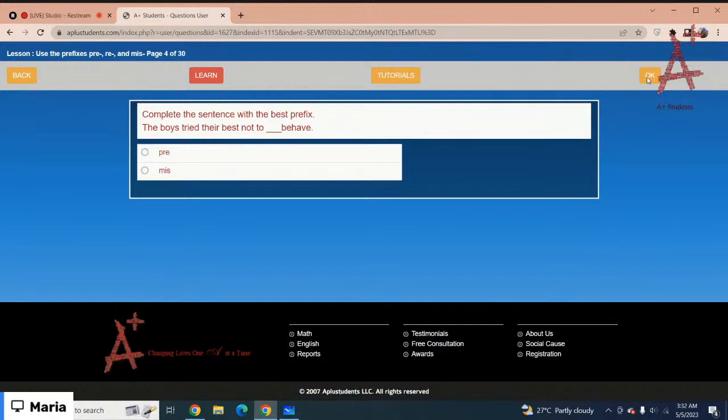The boys tried their best not to dash behave. Pre-behave, misbehave, which is the correct option?